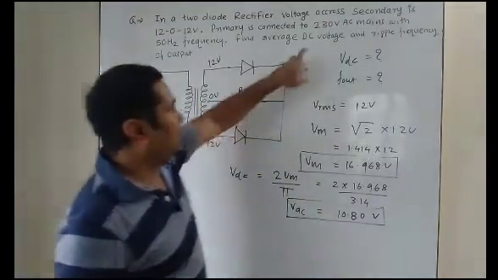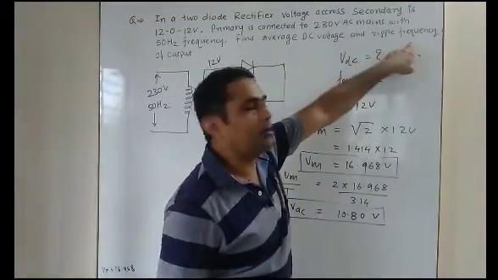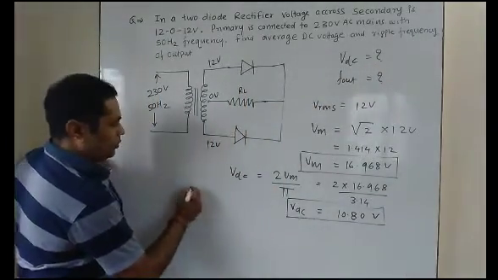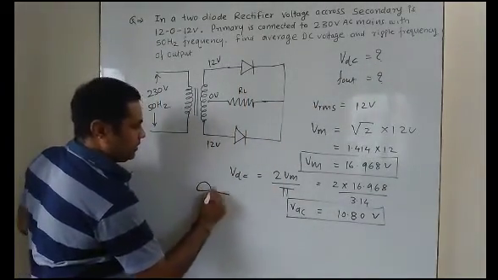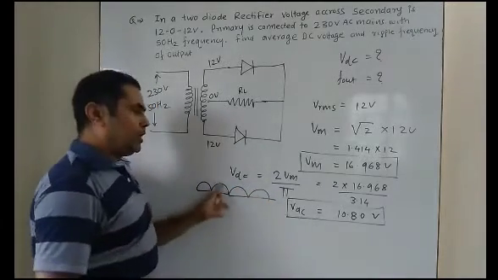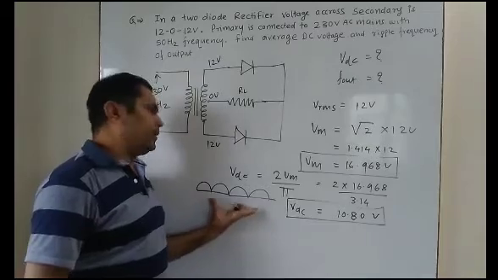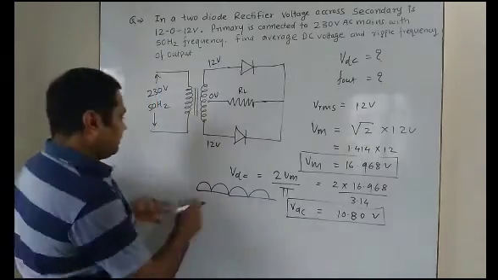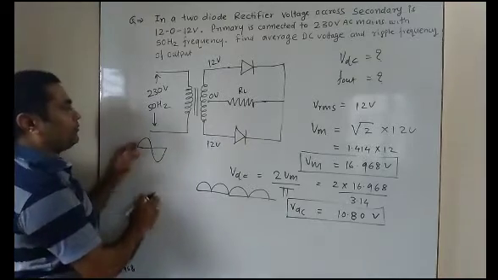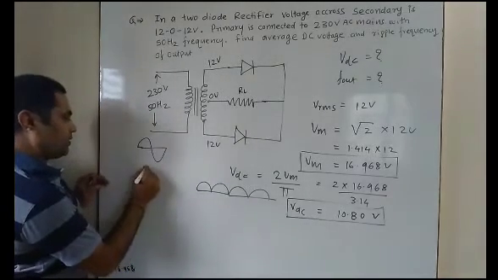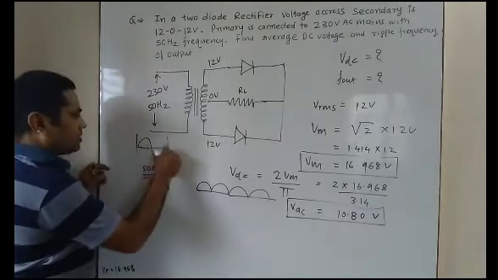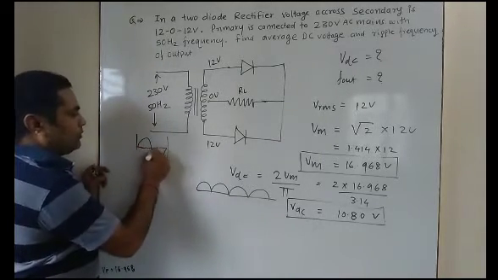Now the last thing they have asked is to find out the ripple frequency. The output of the rectifier is like this. As it is a full wave rectifier, both the half cycles are rectified and they are available at the output. On the input side, the frequency of the input voltage is given to be 50 Hz, in which for this period there is only one cycle.